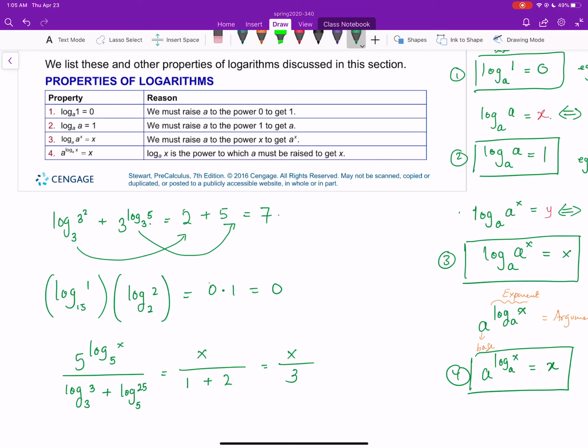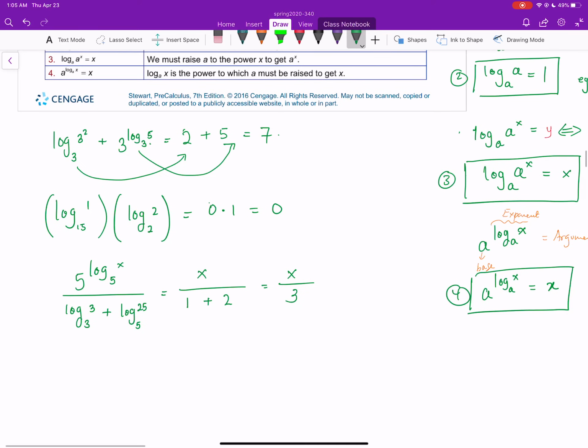We could add two nice numbers. So for example, I could have given you, well, I've been using 3 a lot, so let's pick another base.